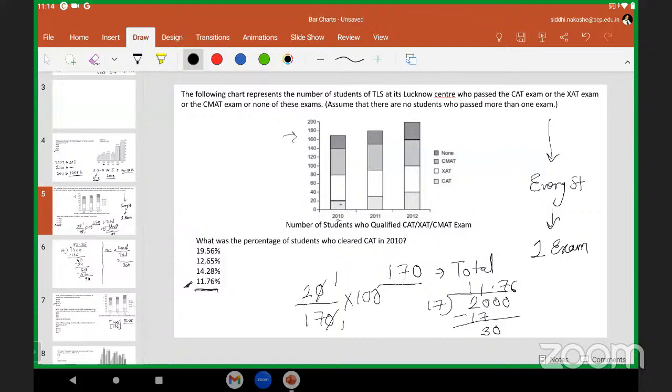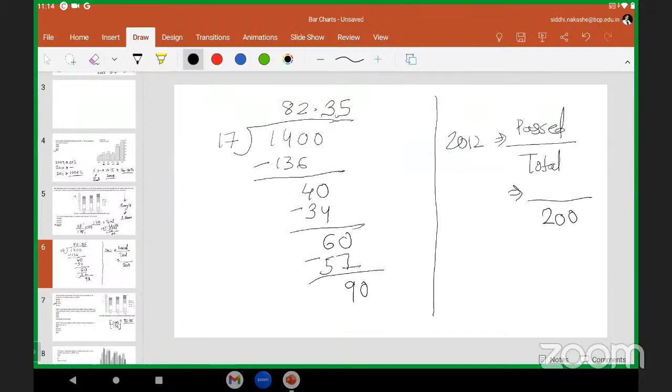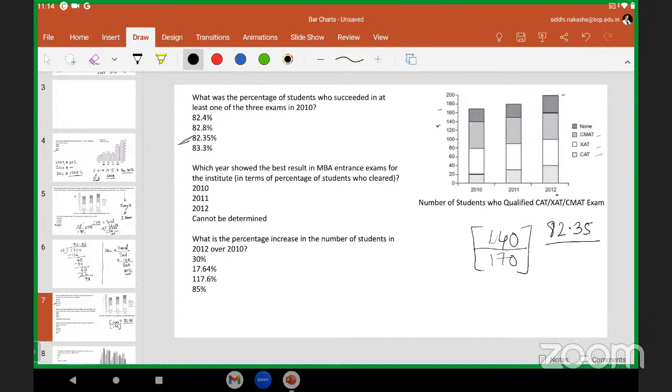So the total number of students who have passed is 160, which is nothing but 80%. So we'll write it down over here. This was for 2010. For 2012, it will be 80%. And for 2011, we need to find out.